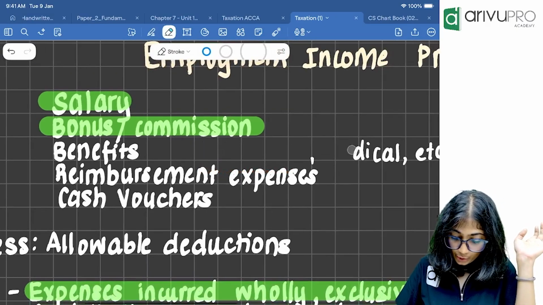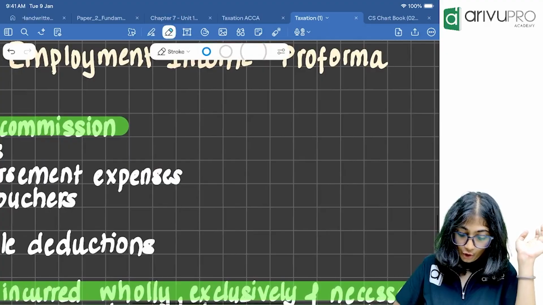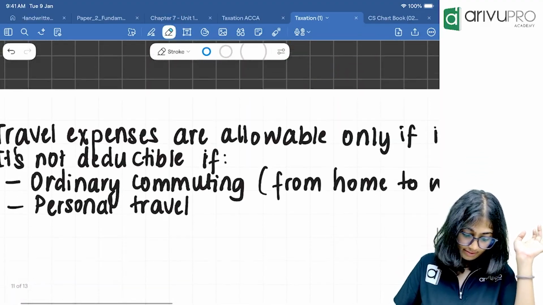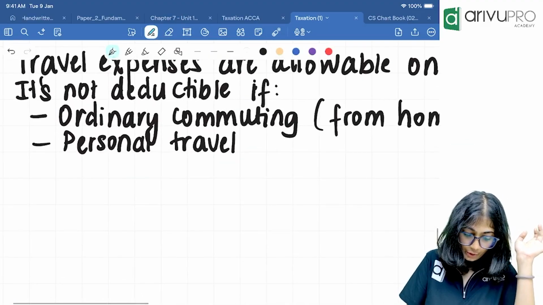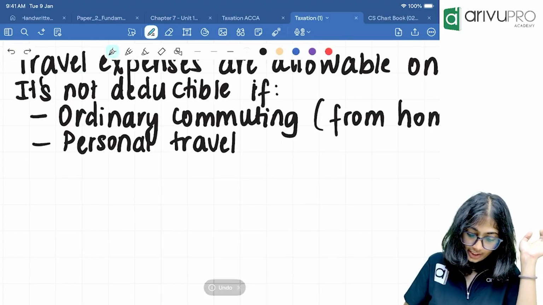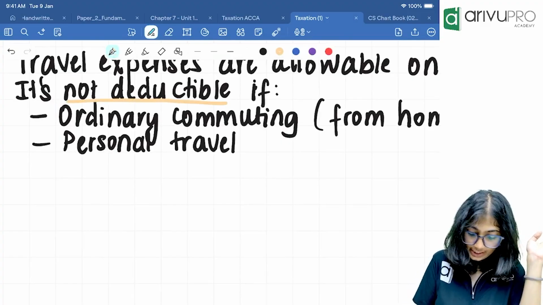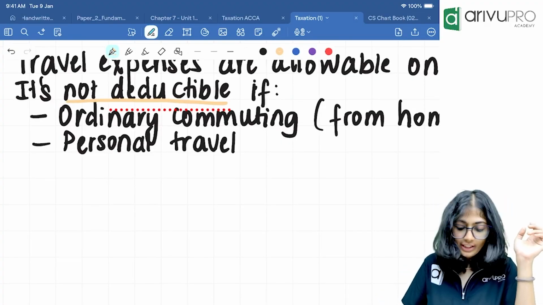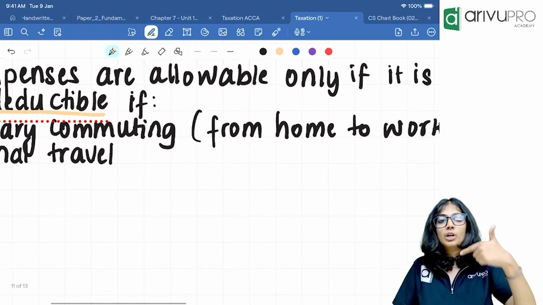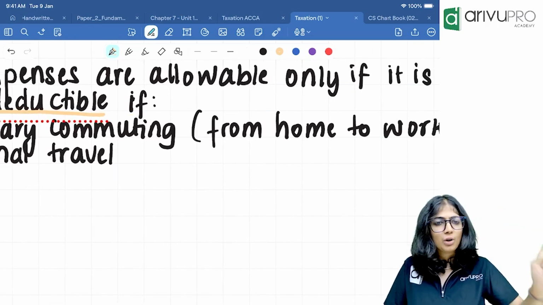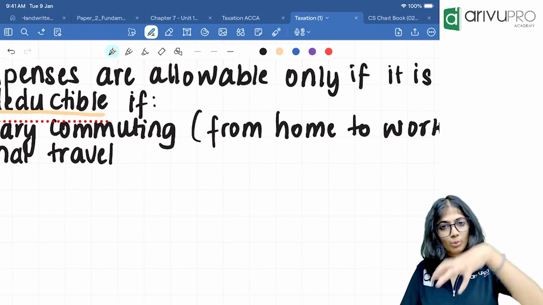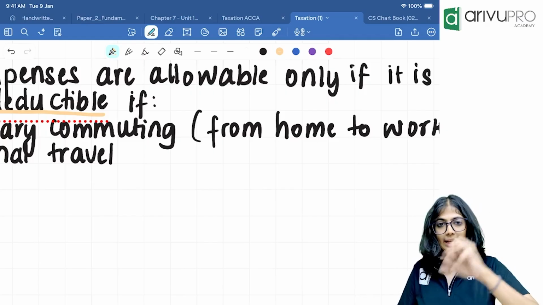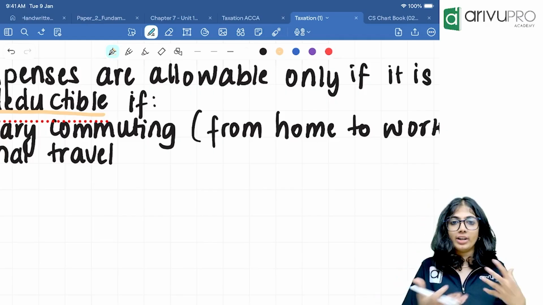But if you're using your own vehicle for ordinary commuting, it's not deductible. Ordinary commuting is from your home to work, or home to a temporary place of work, or from your PG or place of stay to your place of work. That is your ordinary commuting.